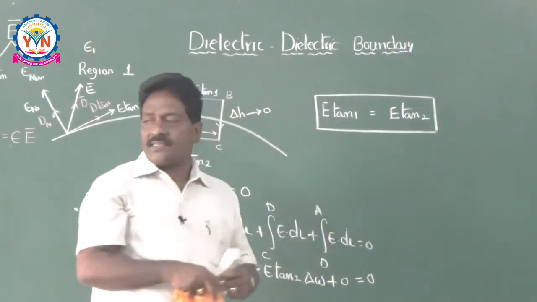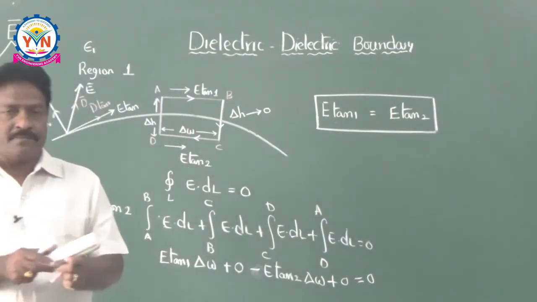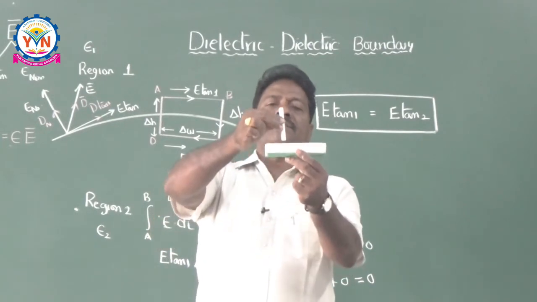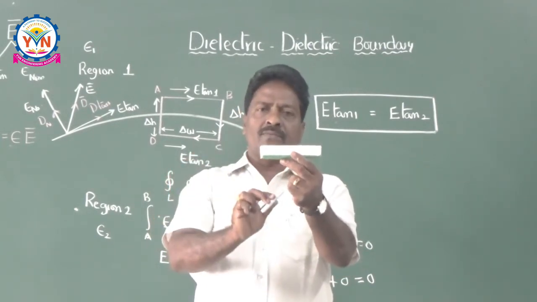So let us take once again, this is the boundary. This is the tangential, this is medium 1 and medium 2.